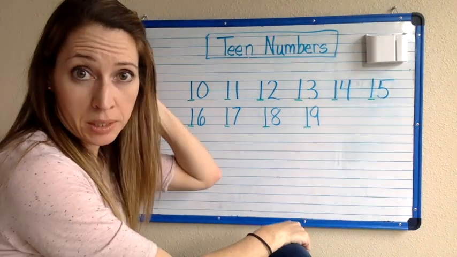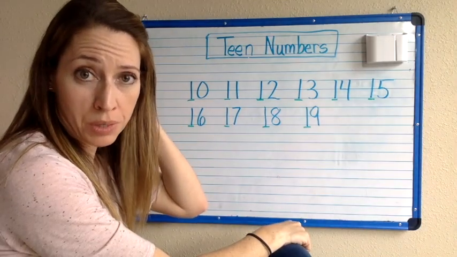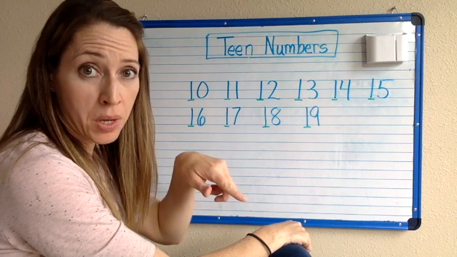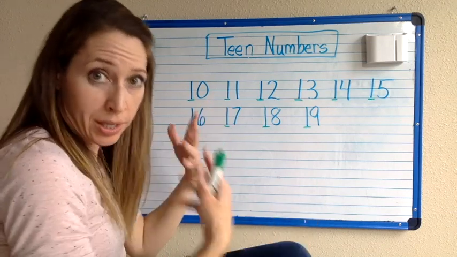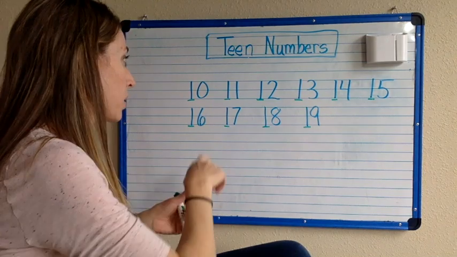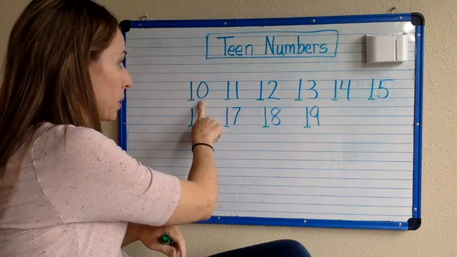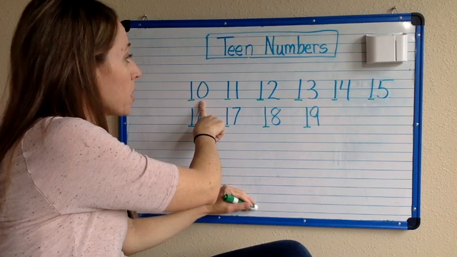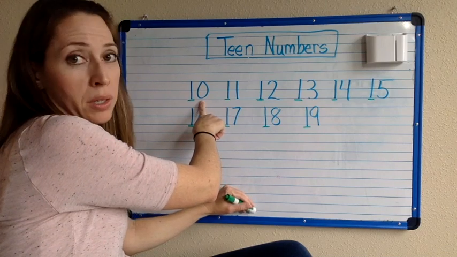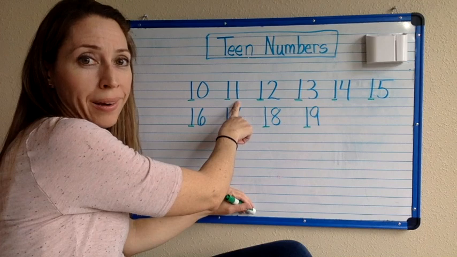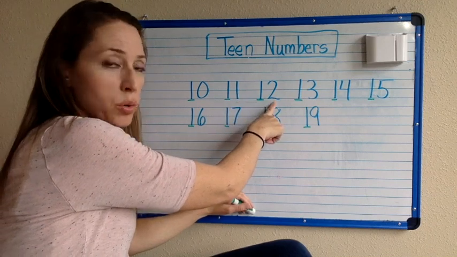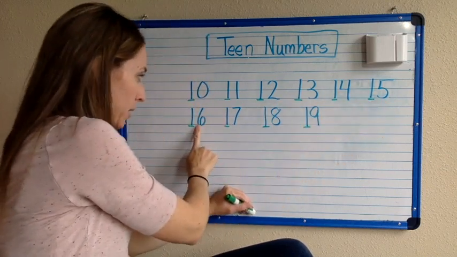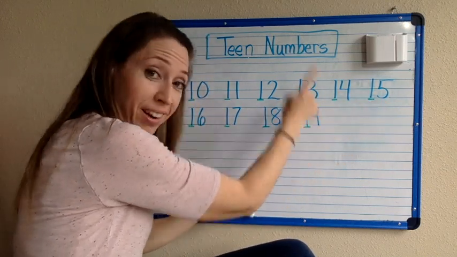The only thing that's changing is the ones place. Let's look at the ones place. Now the ones place is the part of the number that is not underlined. Okay, so I want you to touch that part on your board with me. If you want to just watch and say it with me, that's fine too. Okay, so I'm going to start with 0. Okay, 0 is where we're beginning. Now let's go to the next number. 1, 2, 3, 4, 5, 6, 7, 8, 9.